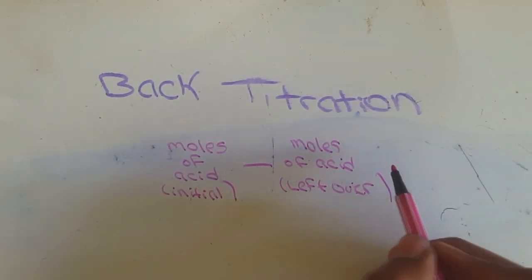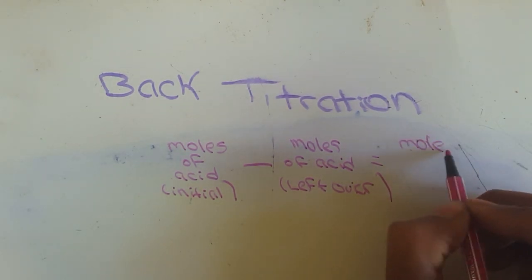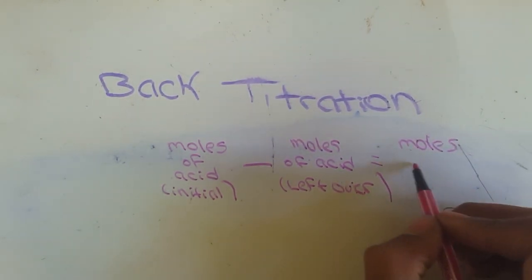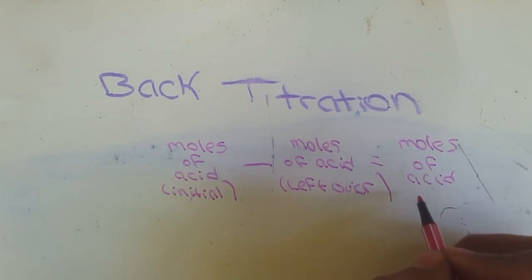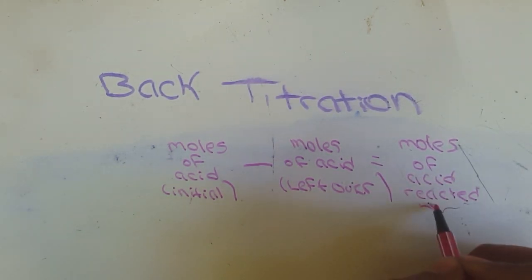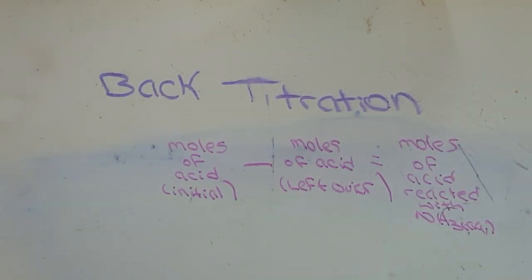When you find the difference, this is basically the moles of acid which reacted with, in this case, the ammonia. So it's pretty simple from here.